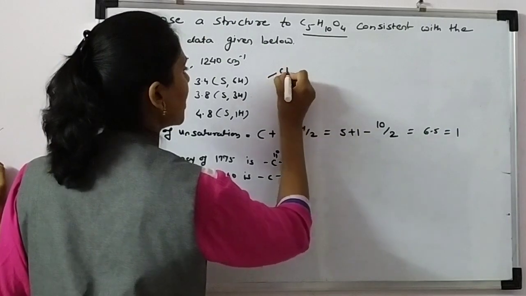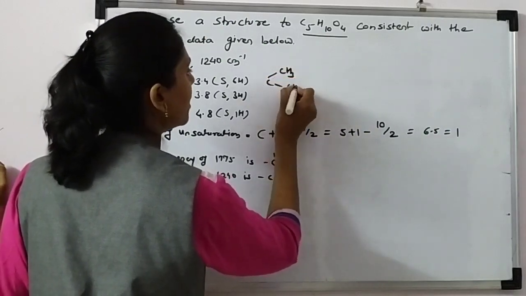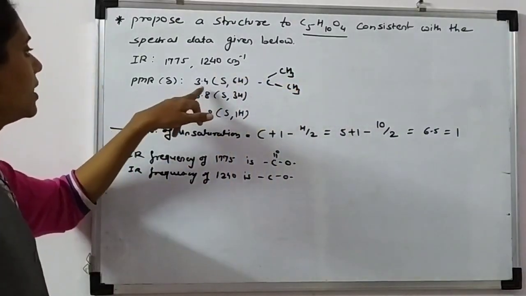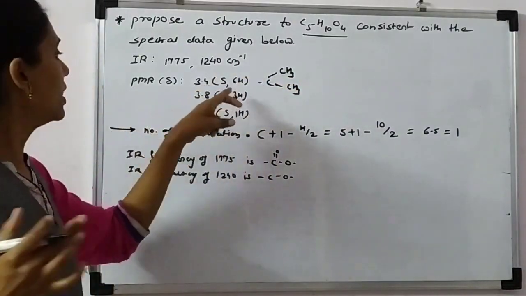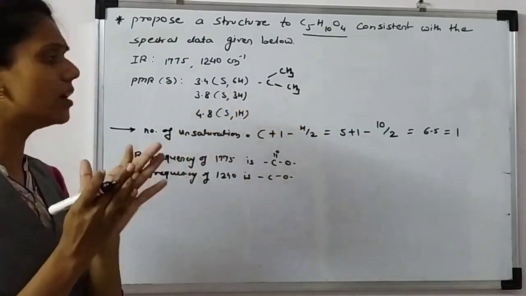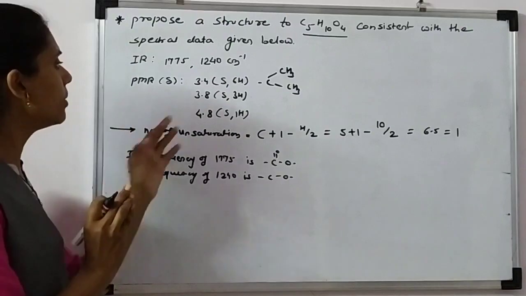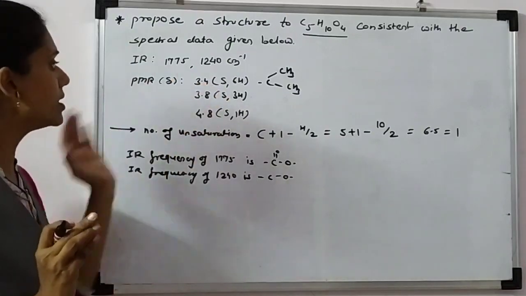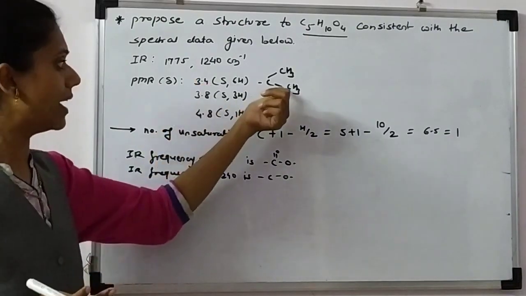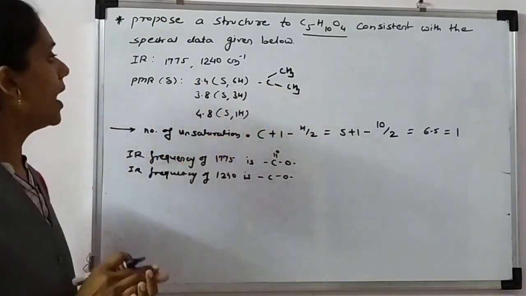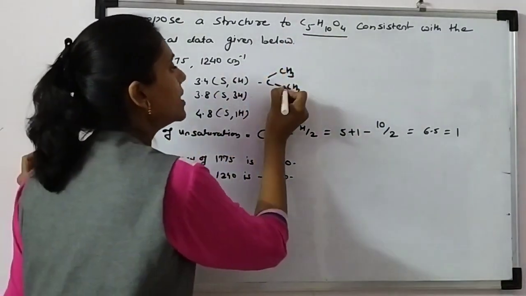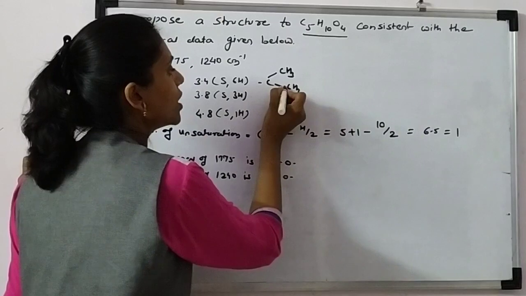Here we can write a structure like this, CH3. But the value is 3.4, and when a CH3 group is attached to a carbon atom, it may be approximately 1 to 2. But the delta value is increased, that means an electronegative group is there. We know that 4 oxygens are present, so these 3 protons are attached to a hetero group.